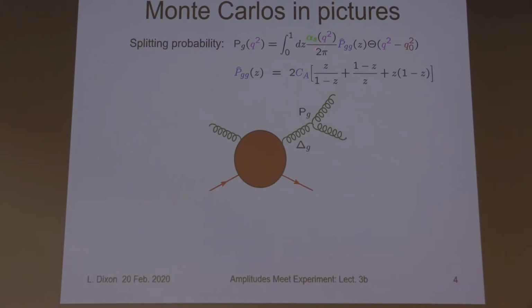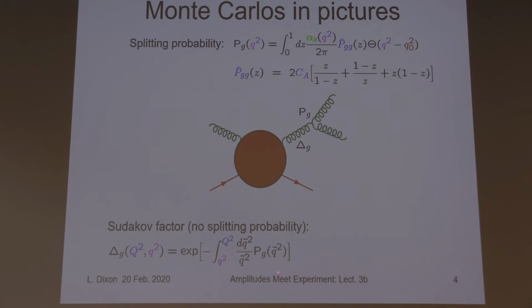And then the total dependence was integrating over z, and you put in some cutoff, because when z goes to 0, then this virtuality would go exactly to 0, and you don't want that. So there's a cutoff on the endpoints of z that's enforced by some theta function here.